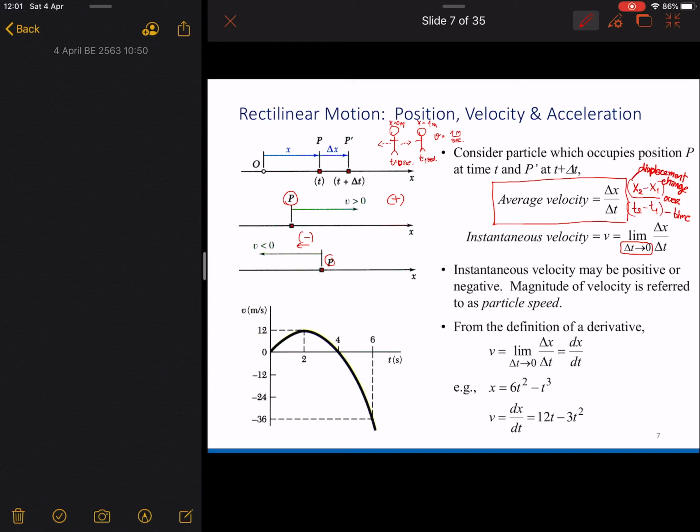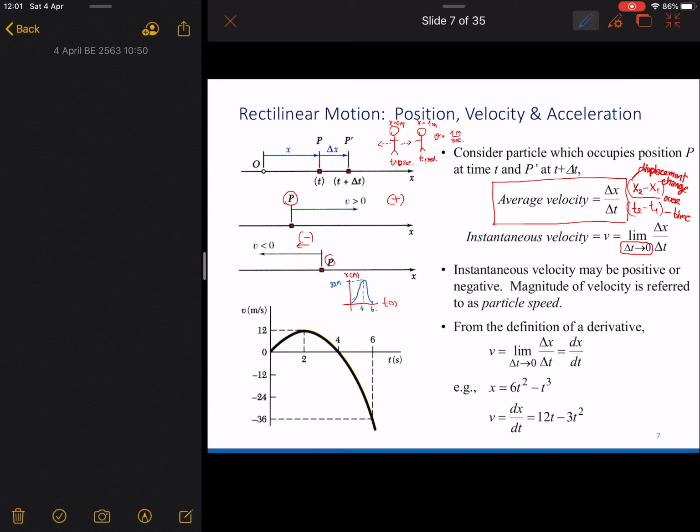If you remember the graph from last time, there is a graph of x in meters and t in seconds, and the graph is like this. This is 32 meters as you reach your house, at 4 seconds, and here is 6 seconds.